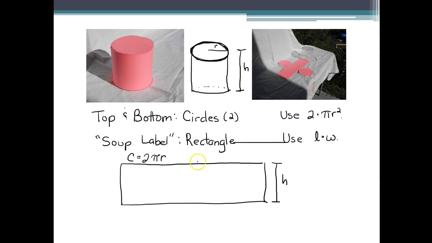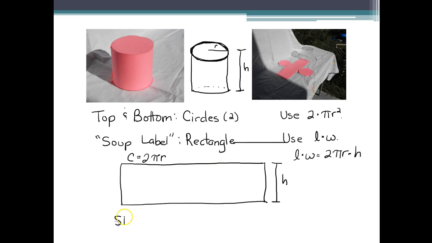So this dimension of the rectangle is actually the same as the circumference of this circle. Because when you unroll that rectangle, when you roll it up, it fits neatly around the can. So LW equals 2 pi r times h.